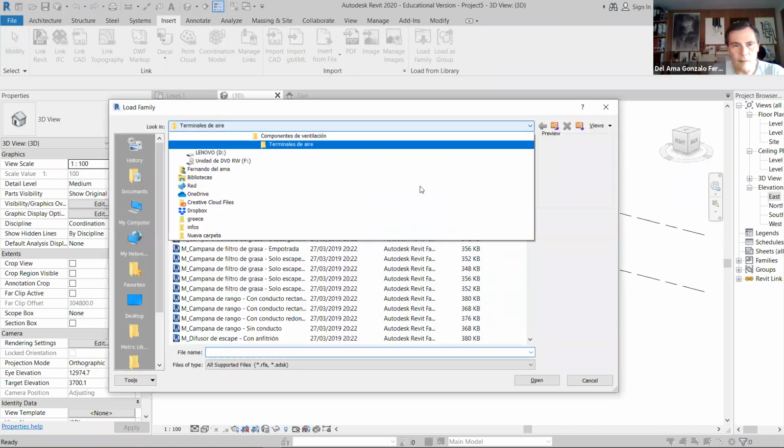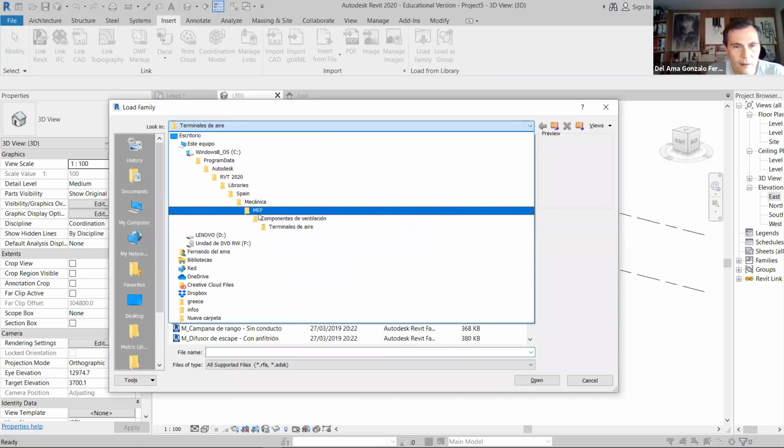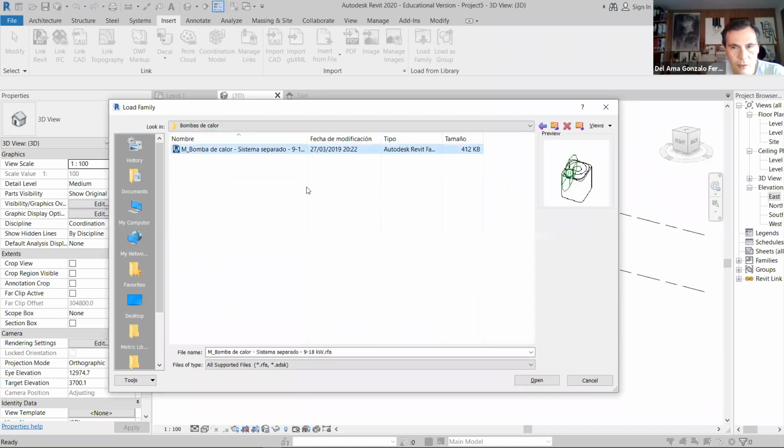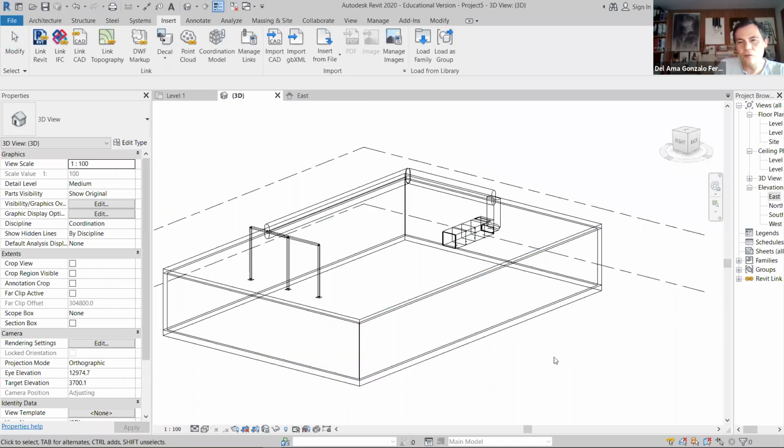And here in load families, I'm sure that there are in this MEP, well, we have heat pumps, we have boilers. We're not going to use this yet, but we have to place the boiler, the chiller, the heat pump, whatever, somewhere in our building. And then we have to connect with water pipes those elements to the air handling unit.